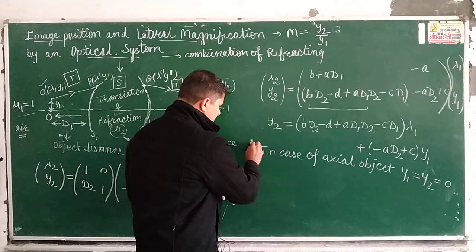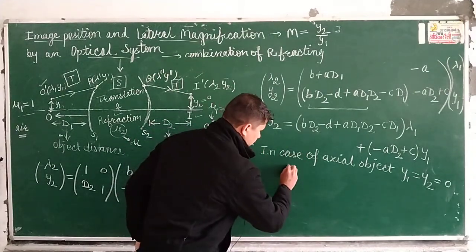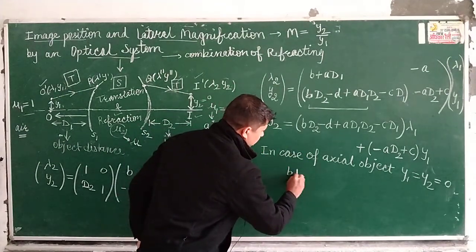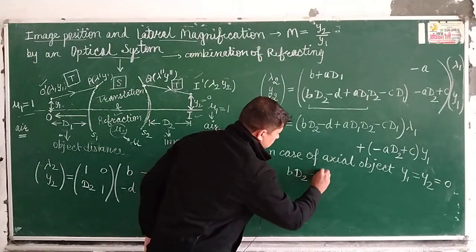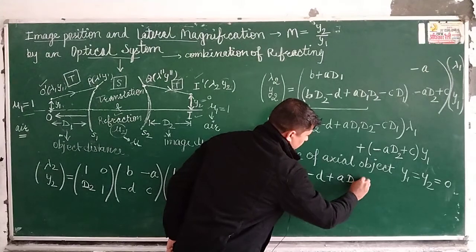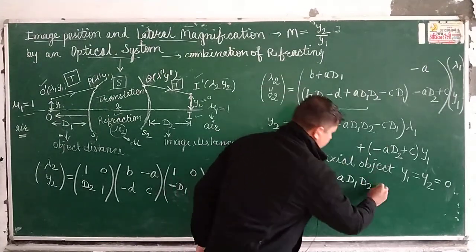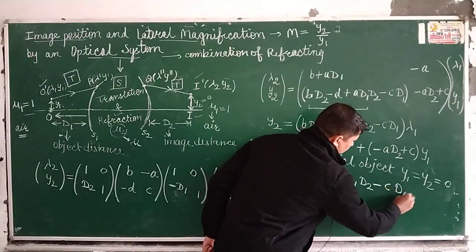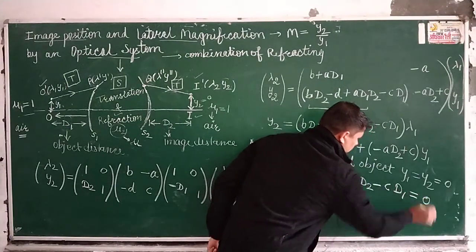So for this particular case, I will write b d2 minus small d plus a d1 and d2 minus c d1, this has to be equal to 0.